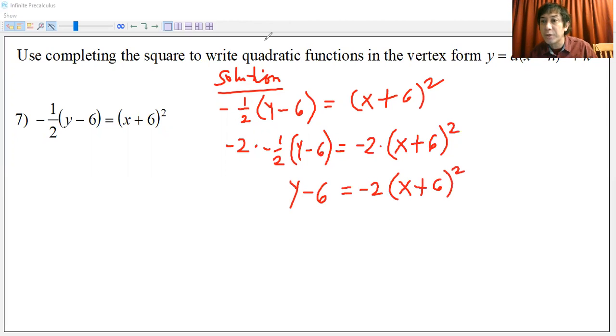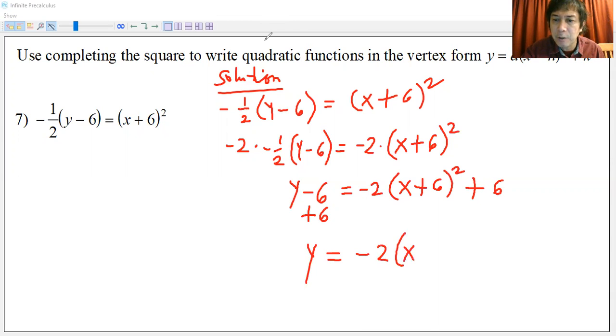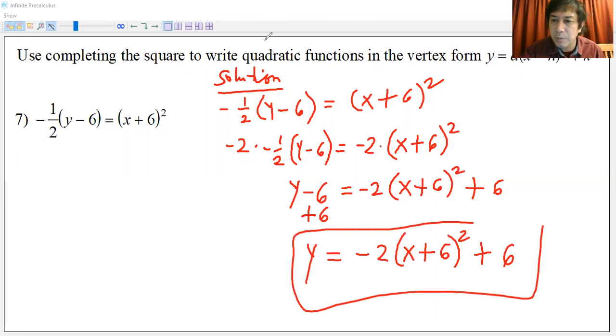So one more step. We only need to transfer the negative 6 by way of addition. So we add 6 here and we add 6 there. And that's it. The left side is now just y, and the right side looks like the vertex form: negative 2 times x plus 6 squared plus 6. This must be the answer.